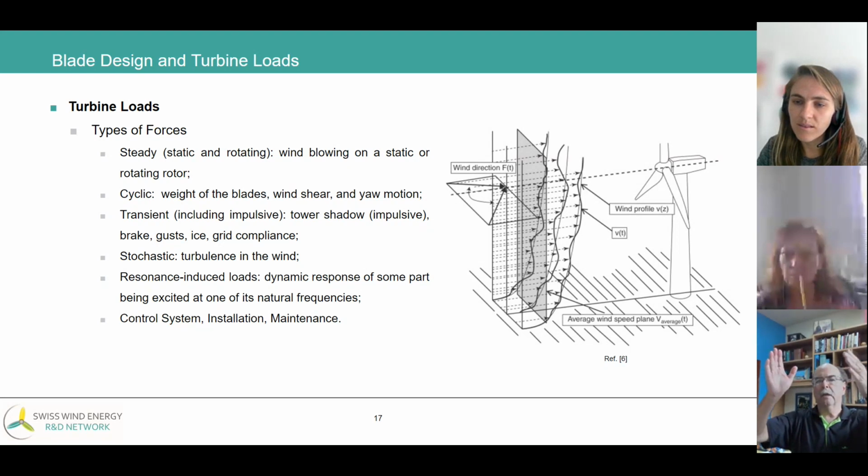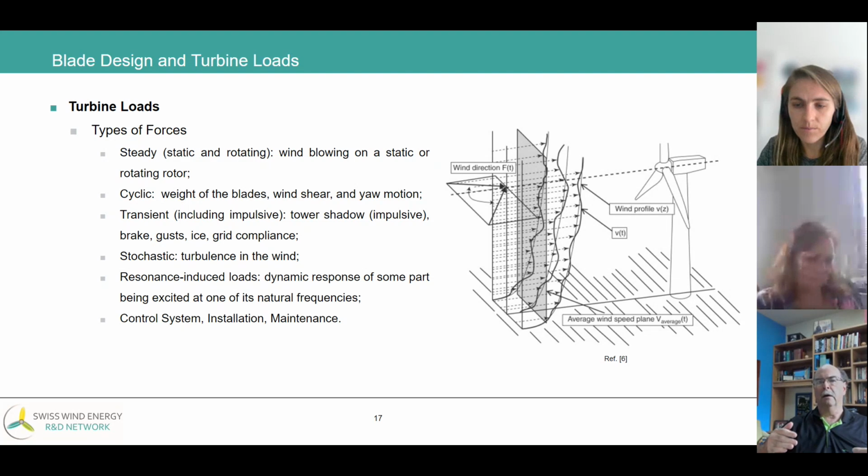Maybe there are some internal flaws that reduce the life of the turbine, the resistance against fatigue, because you do not see it in the visual inspection, but it is there when you look with infrared inspection. Just a comment to share.